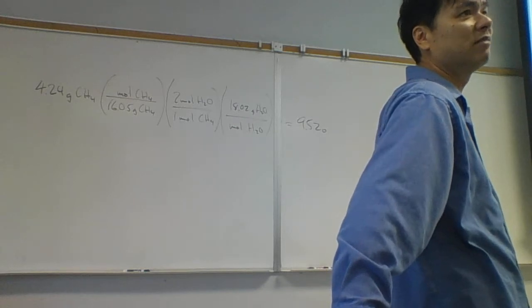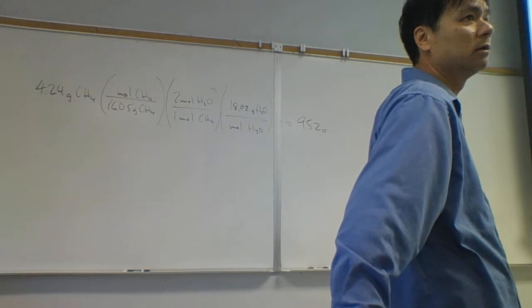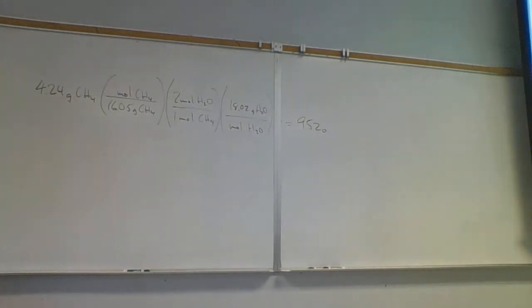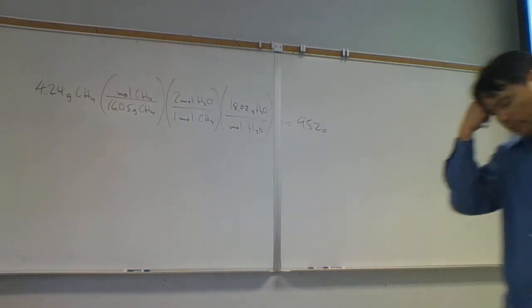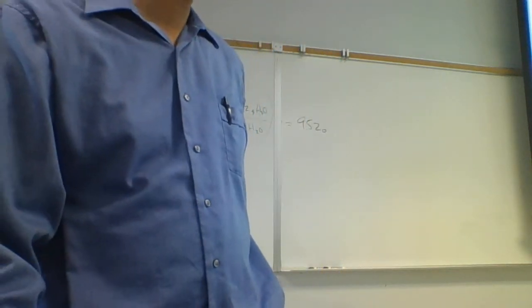If it's 9.51, 9.52, I think it's within round off error. So it's all right. That's what you're going to notice, because even with these periodic tables, you'll see some variation in masses, depending on how they're rounded. All right, so the answer is E for this one.